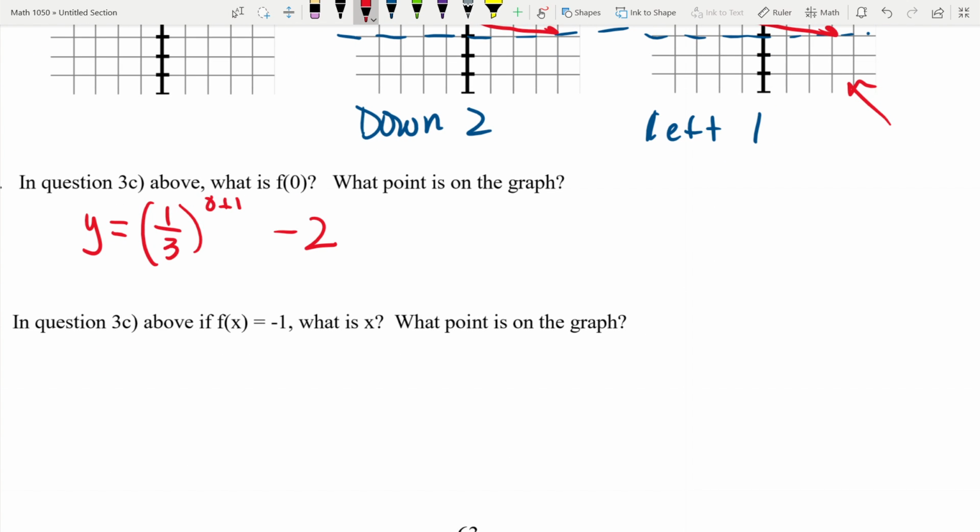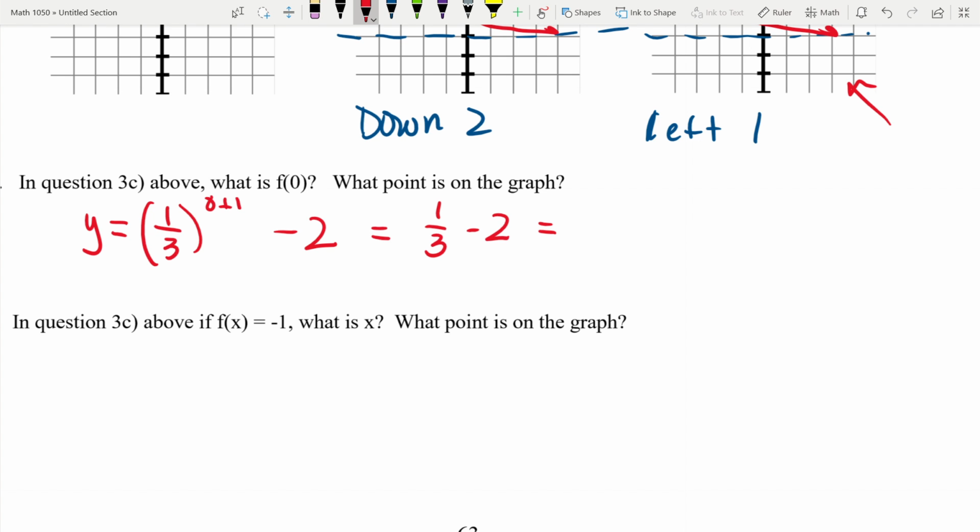Now this is going to get just a little bit ugly. 0 plus 1 is a 1. 1/3 to the first is 1/3. So I have 1/3 minus 2. You could do it in your head. If I owe someone 2 pizzas and I give him 1/3 of a pizza, do I still owe him or are we even?